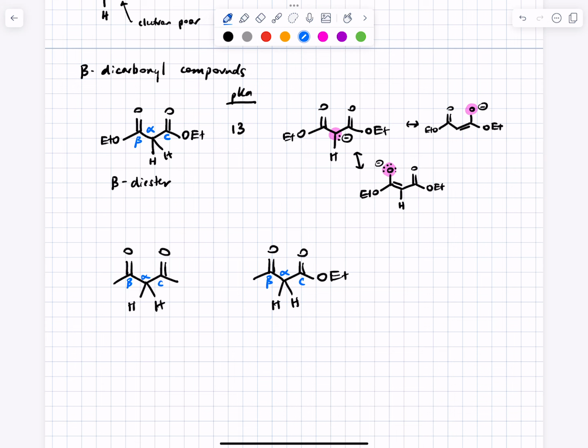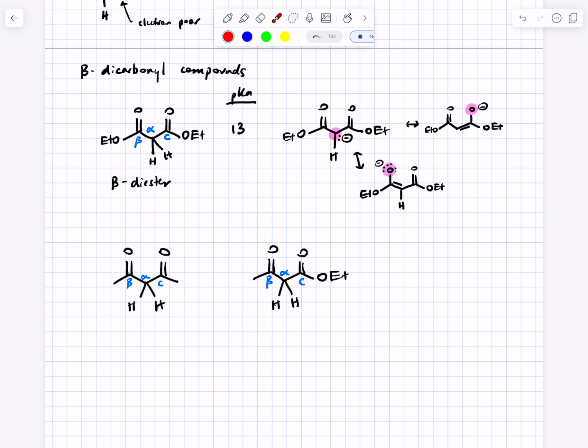If you had to predict, based on what we've discussed so far, relative acidities, what do you predict for the beta keto ester versus the beta diester? More acidic, less acidic?